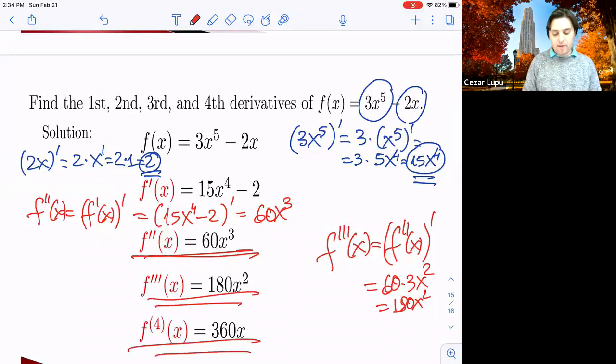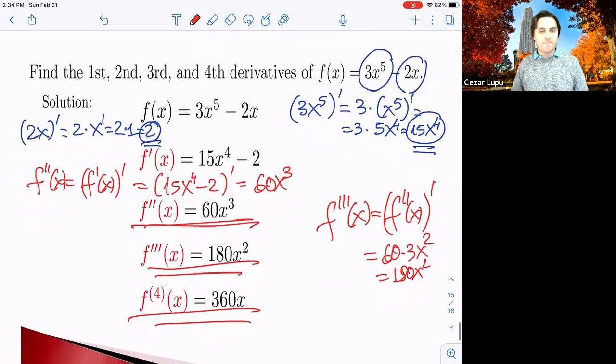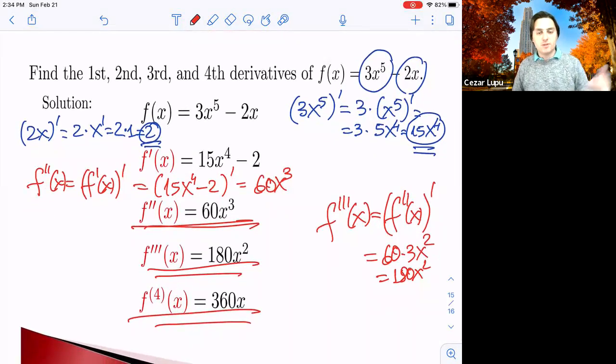The same story goes for the fourth derivative, which will be a linear function. You just keep differentiating over and over again. So keep this in mind. When you're looking for higher order derivatives, make sure that you know what the first derivative is. Then based on the result obtained on the first derivative, you will find the second derivative and then the third derivative and so on.